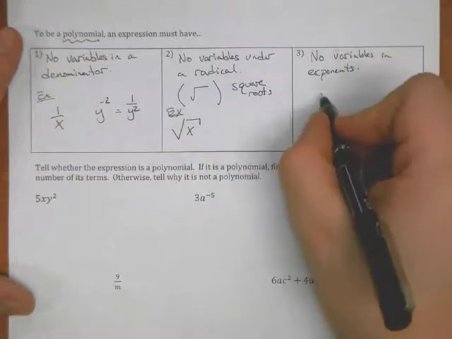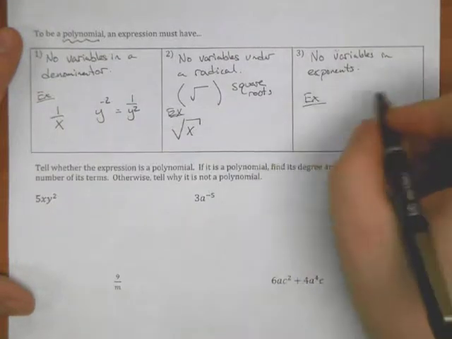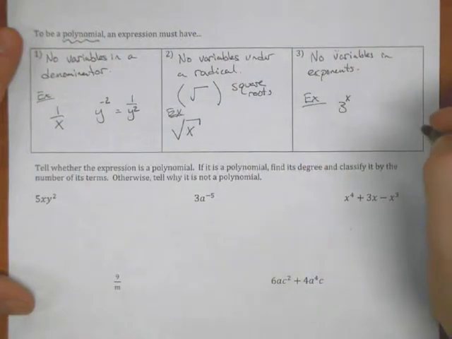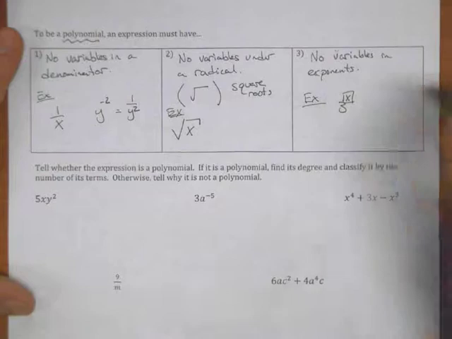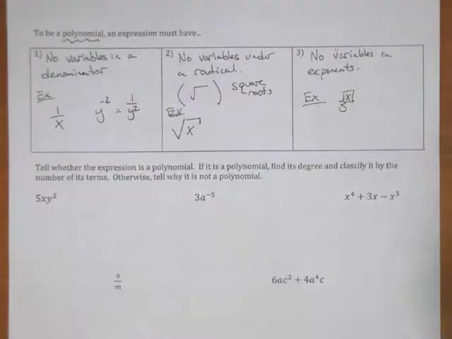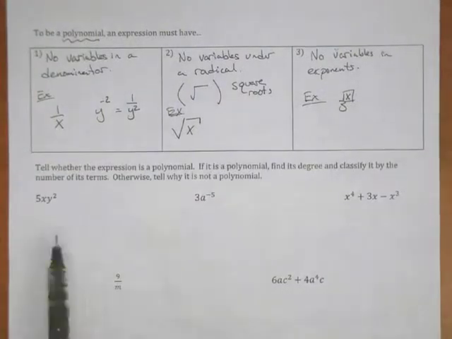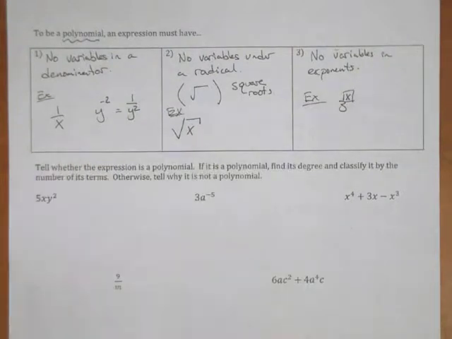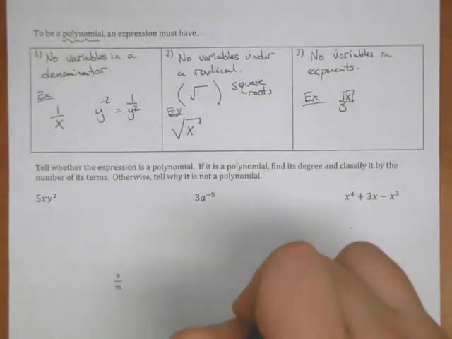So for example, if I did something like this, it is not a polynomial because the variable is in the exponent. There's a very good chance that if our expression satisfies these three criteria, it's going to be a polynomial. It's highly likely going to fit. So we'll use these criteria to test whether or not we have a polynomial.